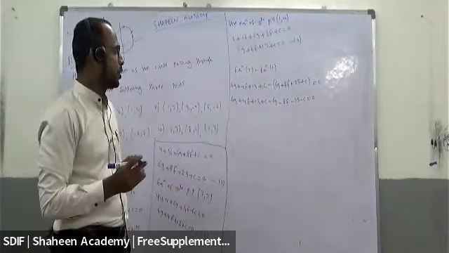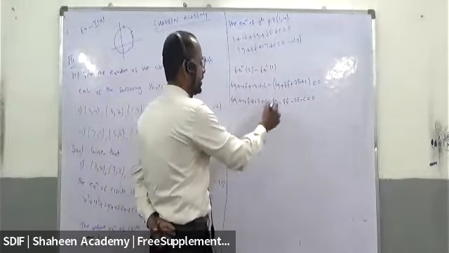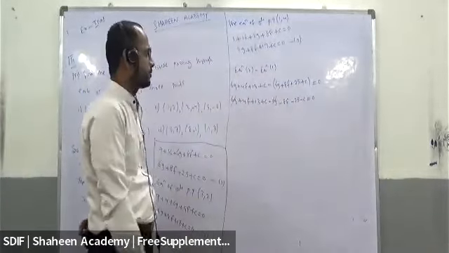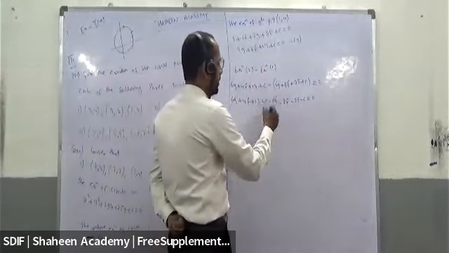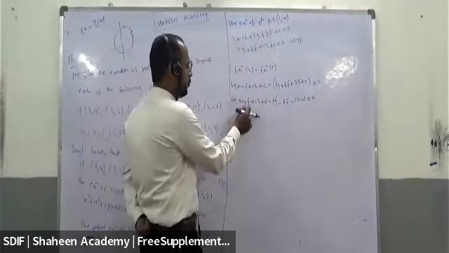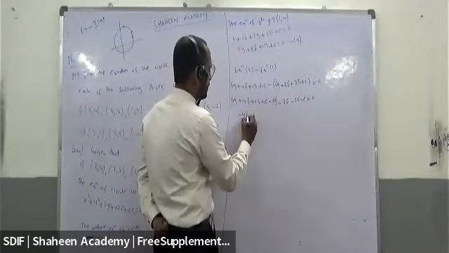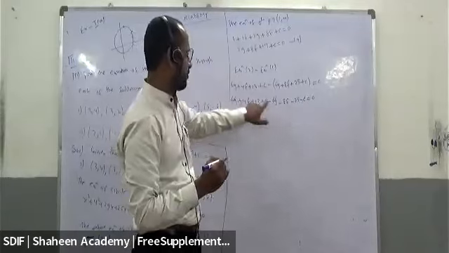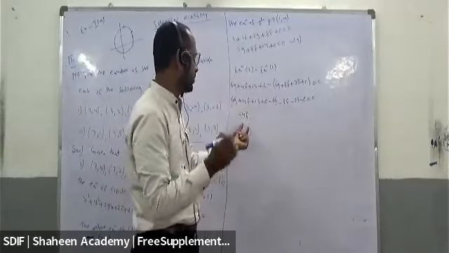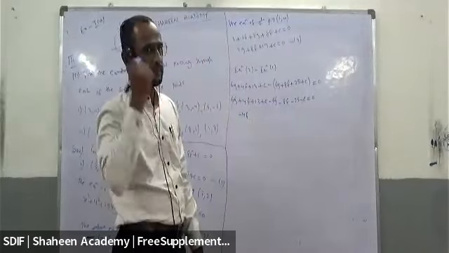Now what terms can get cancelled? 6g minus 6g gets cancelled, and plus c minus c gets cancelled, and then we have 4f minus 8f, which is minus 4f, and 13 minus 25 is minus 12.